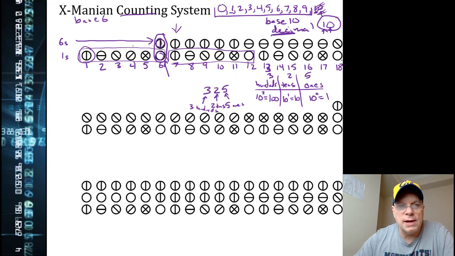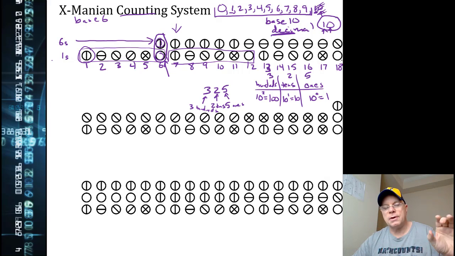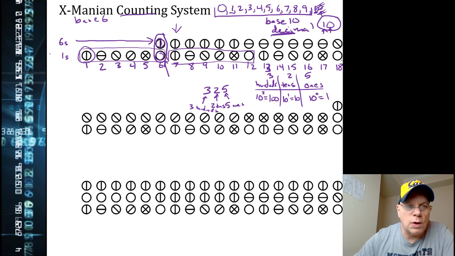In the same way, this Xmanian number system has place values, except rather than orient theirs from right to left, lowest place value to highest place value, they orient their numbers vertically. So the lowest row is the ones place, but not because it's 10 to the 0, because it's 6 to the 0. 6 to the 0 equals 1. The row above the bottom row is the 6's place because it's 6 to the first power.